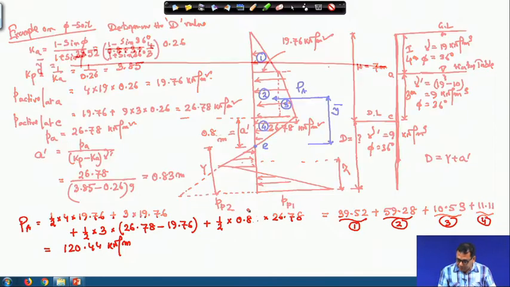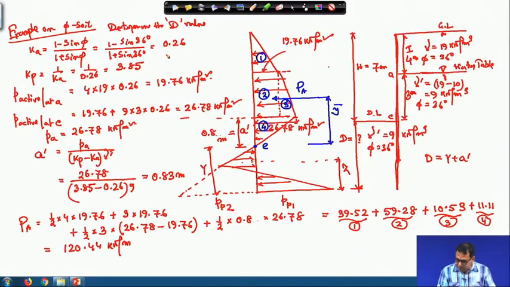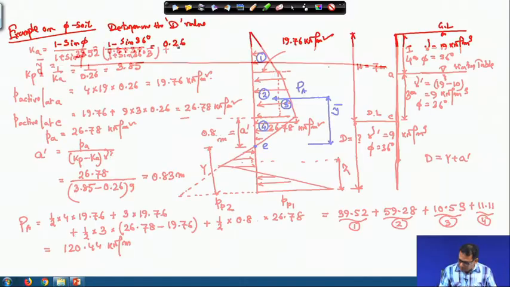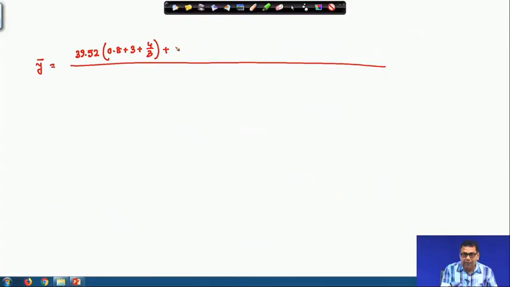And for the second part it will be 0.8 plus 3 by 2, because this is a rectangle. So, the force is 59.28 into lever arm 0.8 plus 3 by 2.